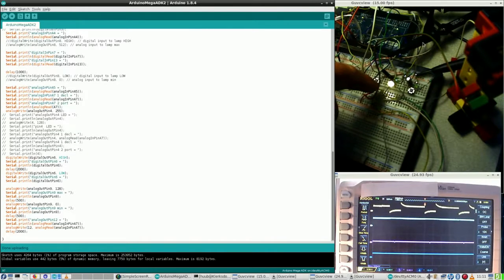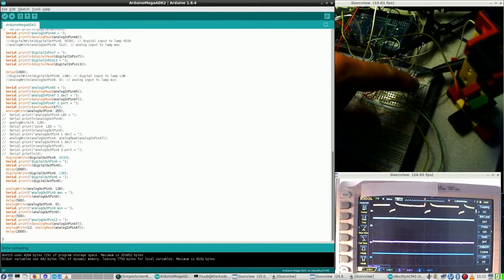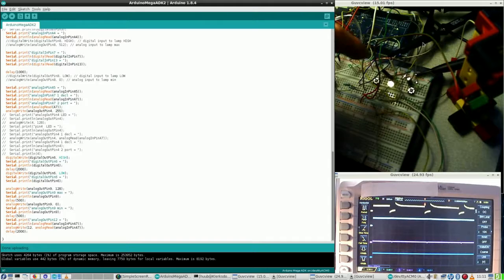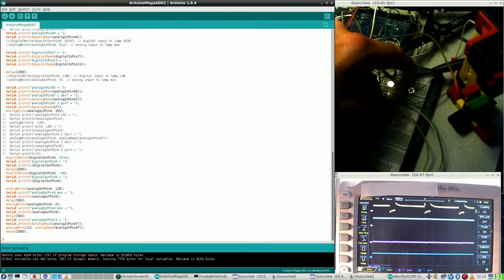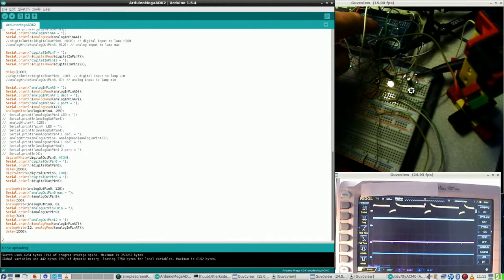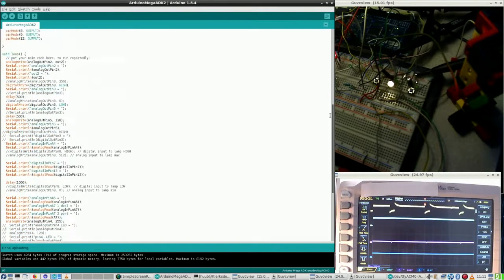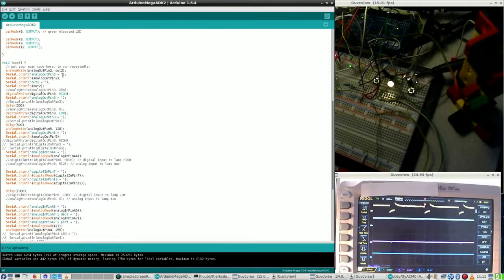So what is the output from the board? This is the feed. The yellow one is the feed, which is 2. Output pin 2. Right here.